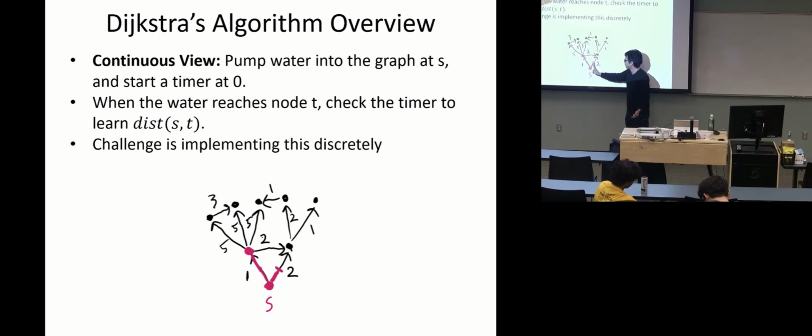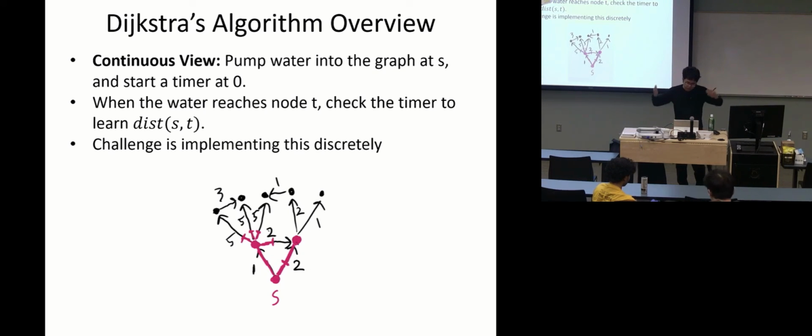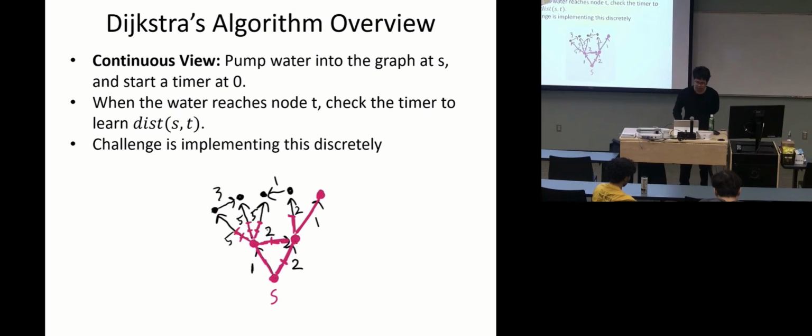So the water has just reached up to this point. And how does the water look at time 2? It keeps growing a bit, and now it has reached this guy and doesn't reach this yet, doesn't complete this path yet. And so on, you keep growing this thing.